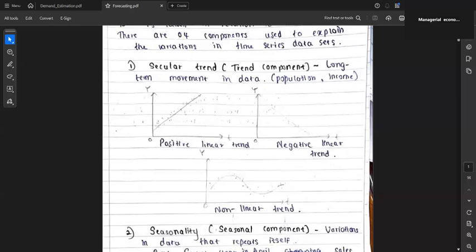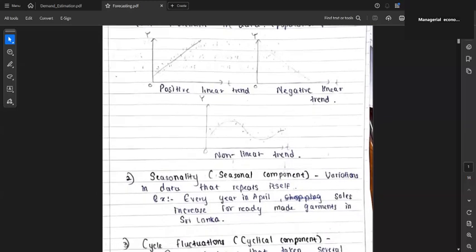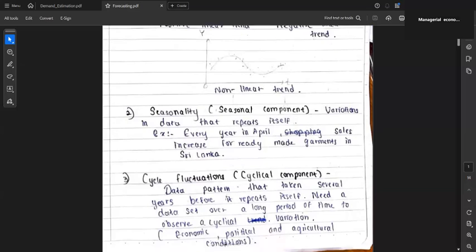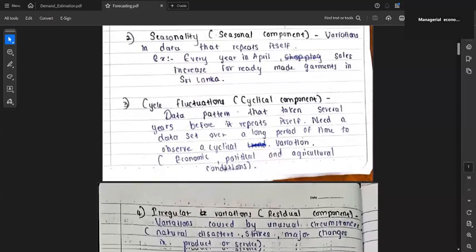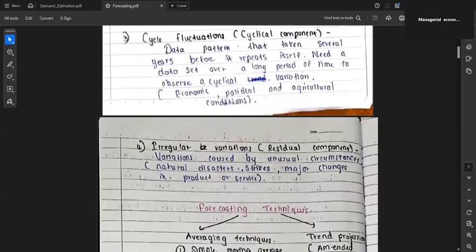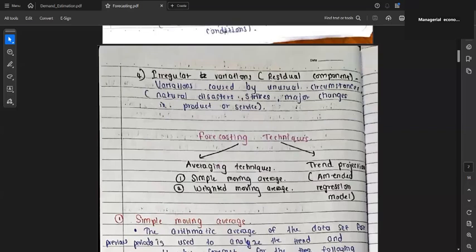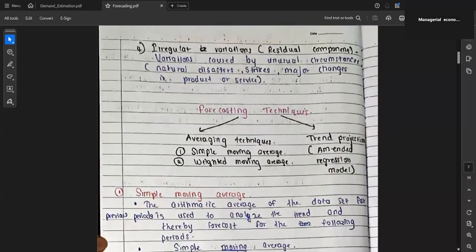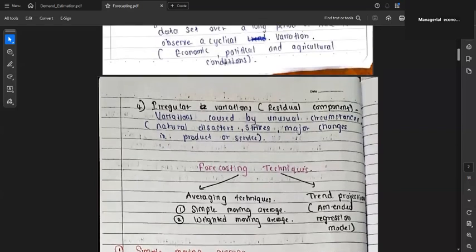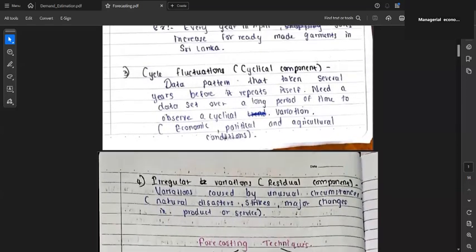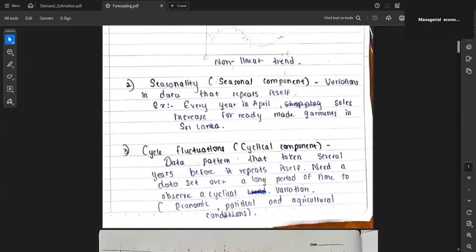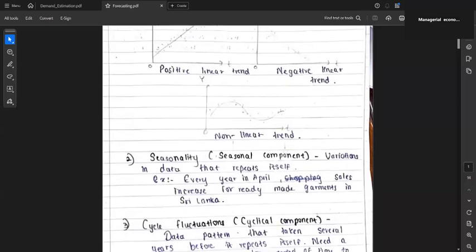Sometimes we can take the multiplicative approach or the additive approach. Multiplicative means we assume that the variation occurs from these four components getting multiplied together.